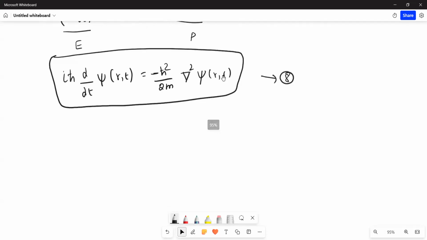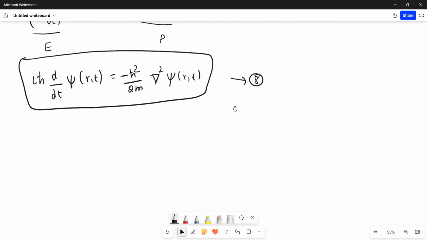If you include the force parameter, actually this is the three-dimensional time dependent Schrodinger equation for a free particle. Now we can include the force parameter also, that is, the inclusion of force.